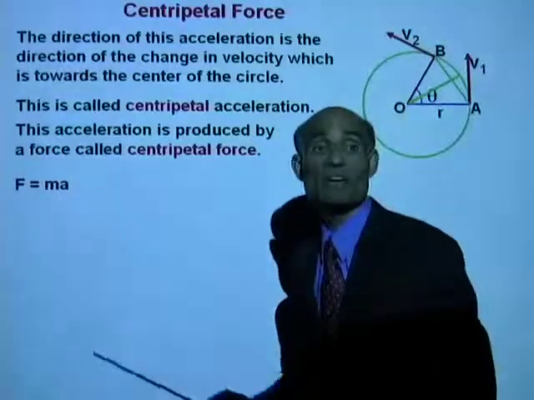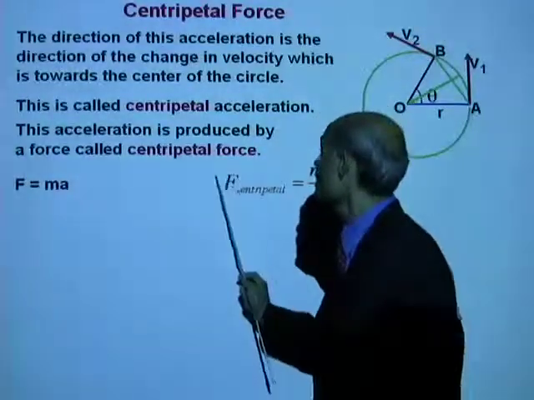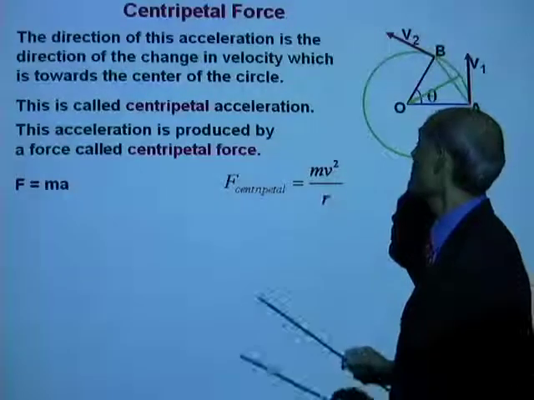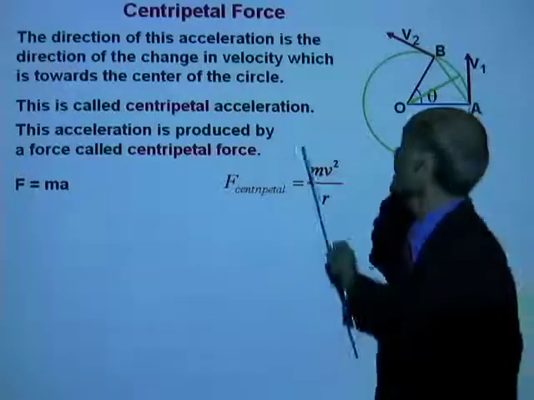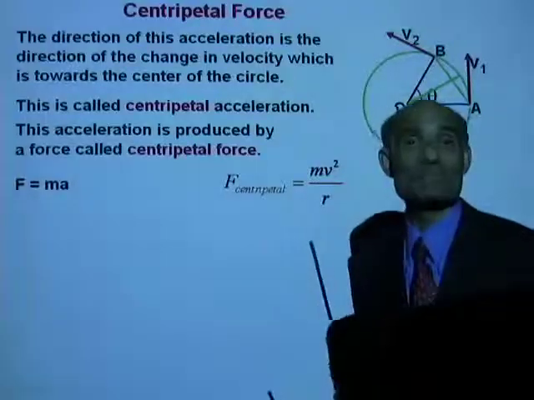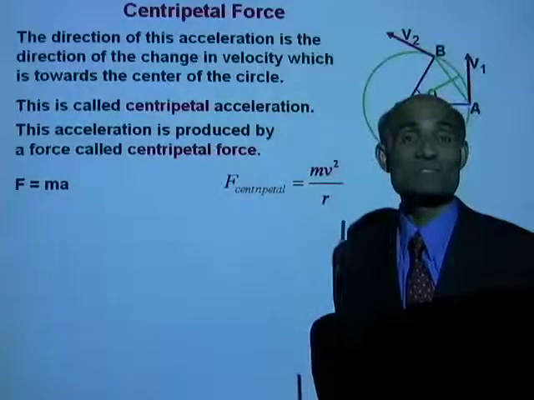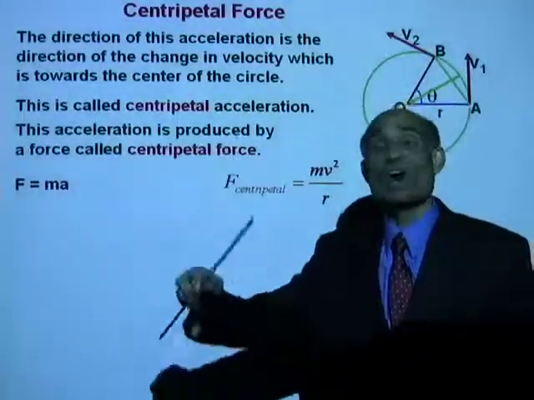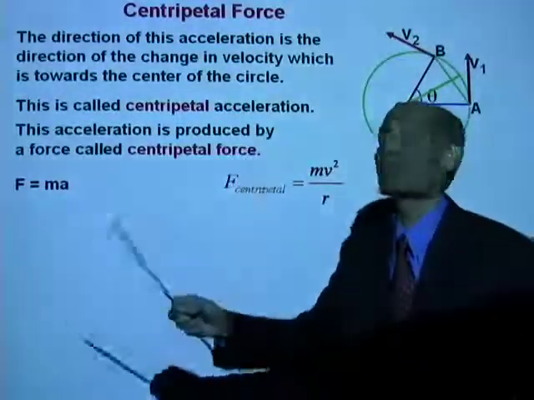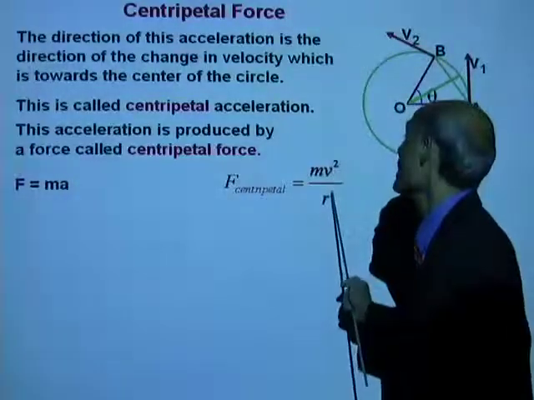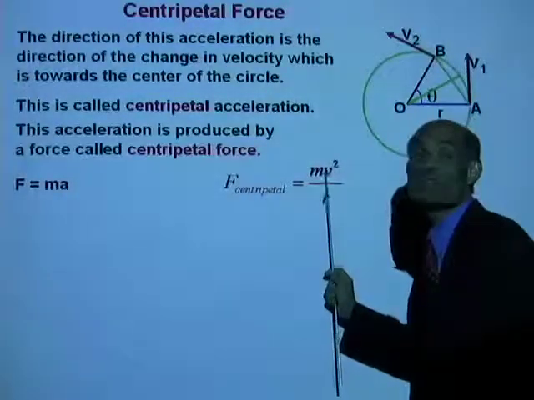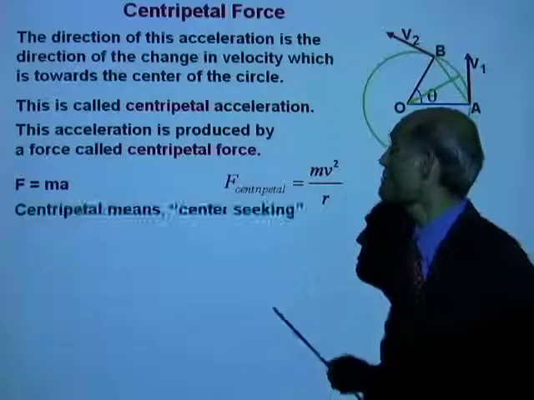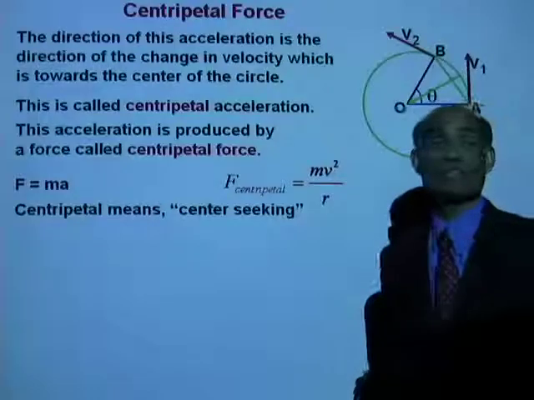So since F equal to ma, centripetal force, F centripetal is mv squared over r. Another very important equation. The centripetal force keeping an object moving along the circumference of a circle is mv squared over r, where v is the uniform speed, r is the radius, and m is the mass of the object.